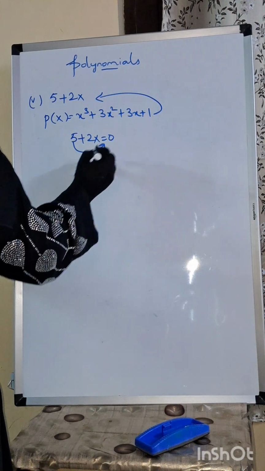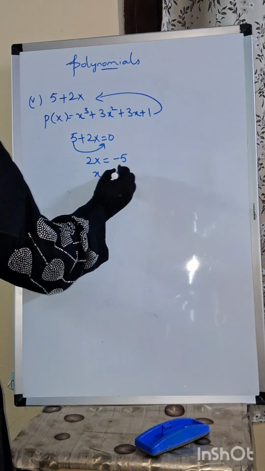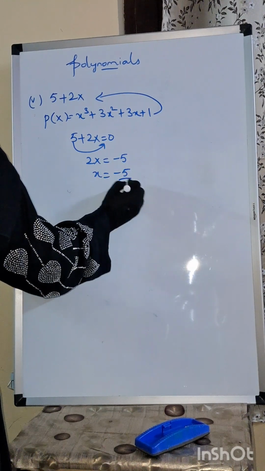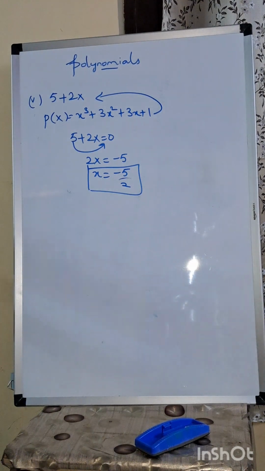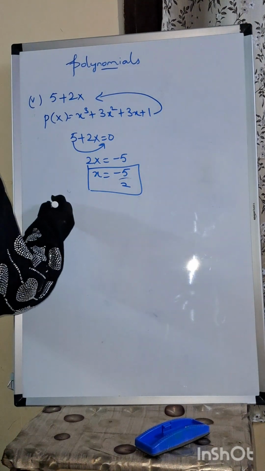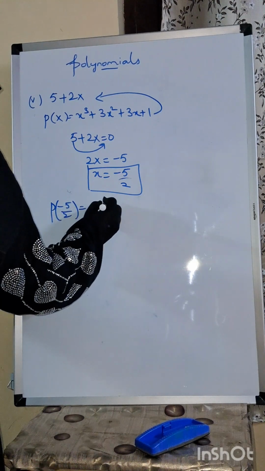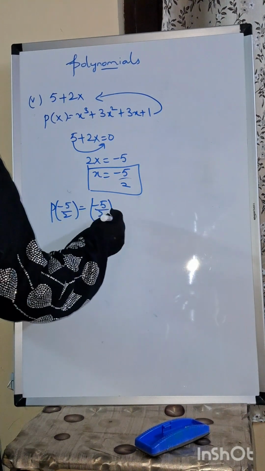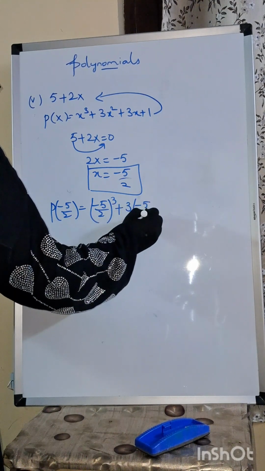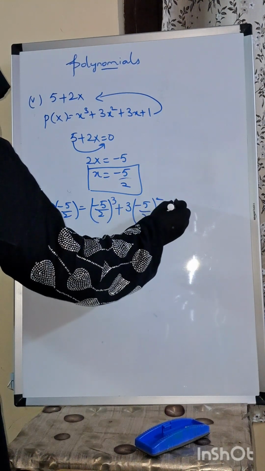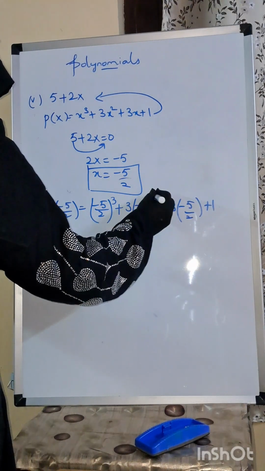Plus 5 I am sending that side, it will become minus 5. So x is nothing but minus 5 by 2. Okay, now we will substitute minus 5 by 2 in the place of x. So p of minus 5 by 2 is equal to minus 5 by 2 whole cube plus 3 into minus 5 by 2 whole square plus 3 into minus 5 by 2 plus 1, right?